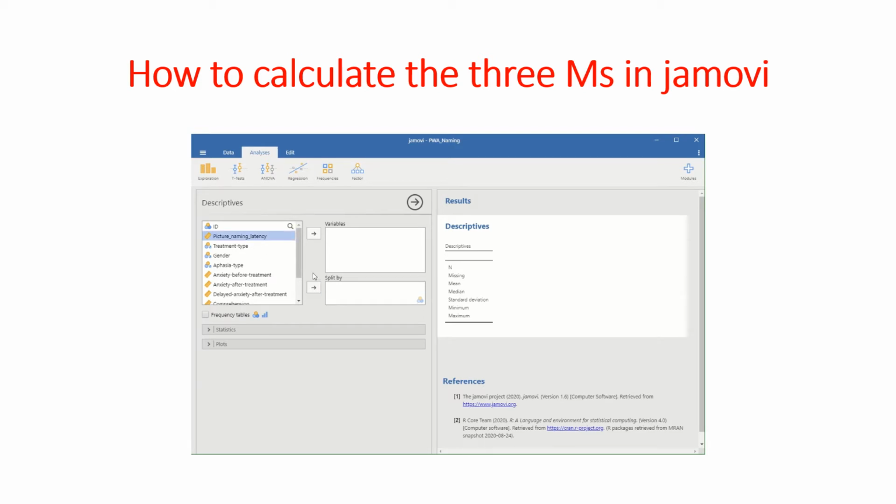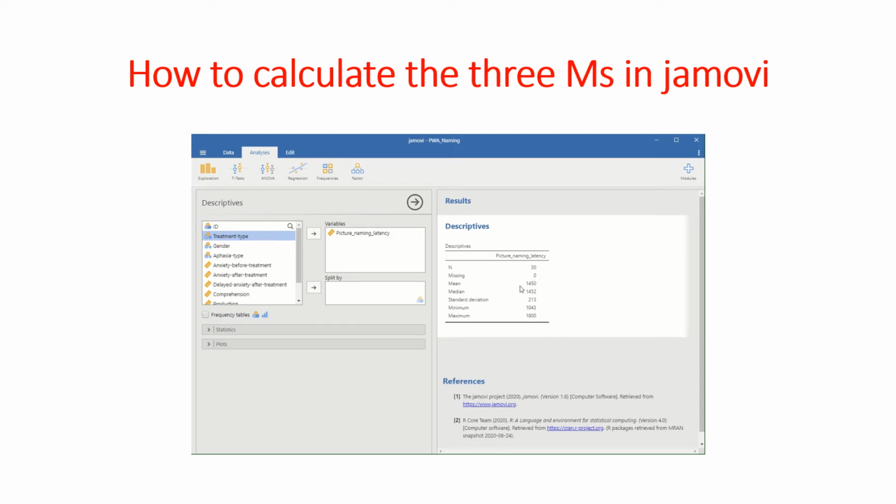We're interested in picture naming latency. We want to calculate mean and median for this variable. Once you put that into the box, the numbers come out here. N stands for the number of people in this data set, which is 30 people. We have no missing data because it's 0.